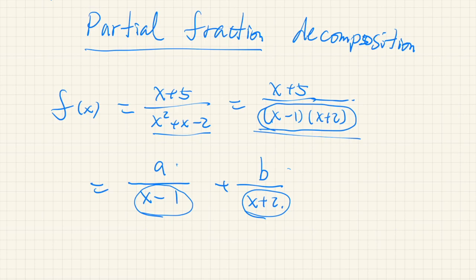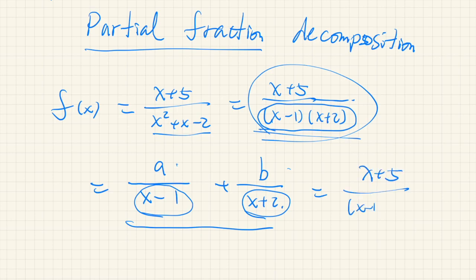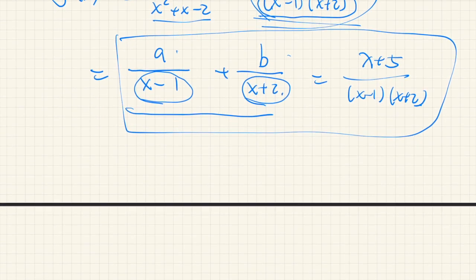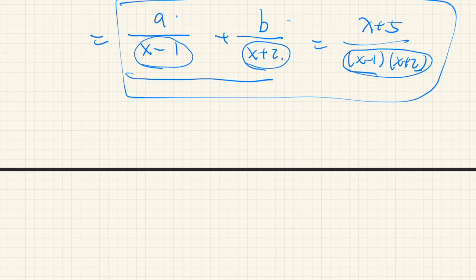We are assuming that this is equal to this. So let's equate them, and multiply both sides by the product x minus 1 times x plus 2.